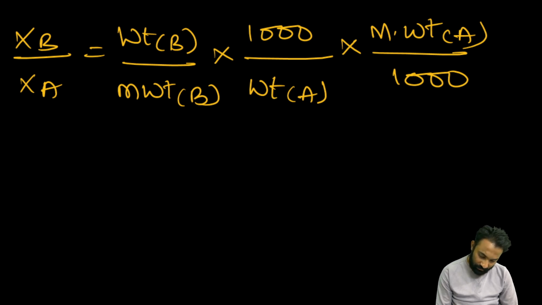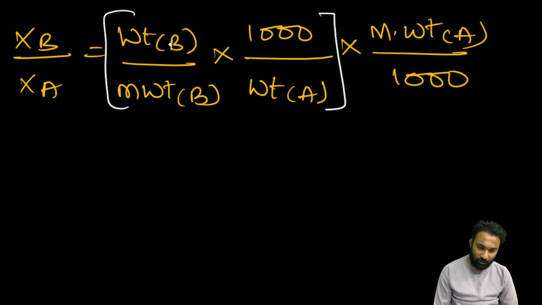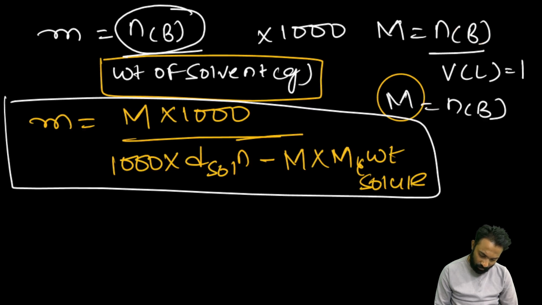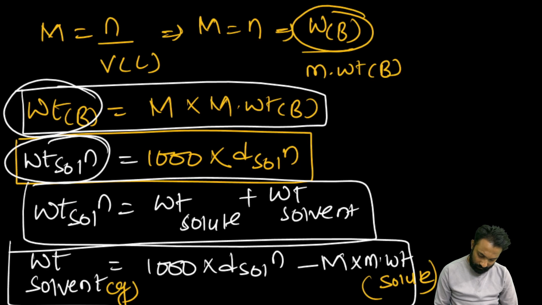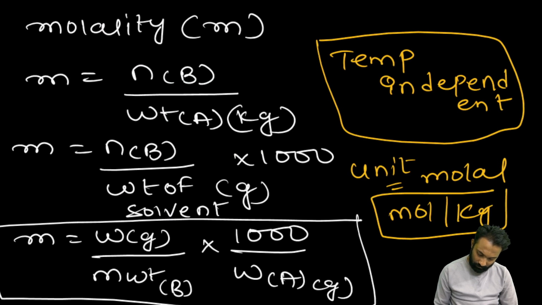Now you see this formula: weight of solute by molecular weight of solute into 1000 by weight of solvent, where this is weight of solvent in grams. This is nothing but the molality formula. Weight of solute by molecular weight of solute into 1000 by weight of solvent in gram is the molality, right?